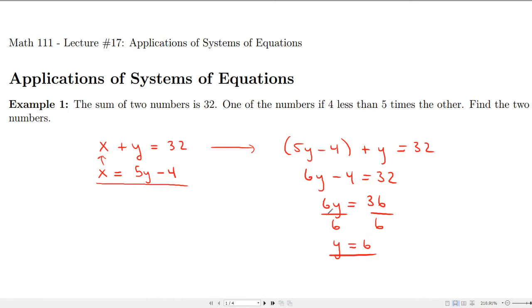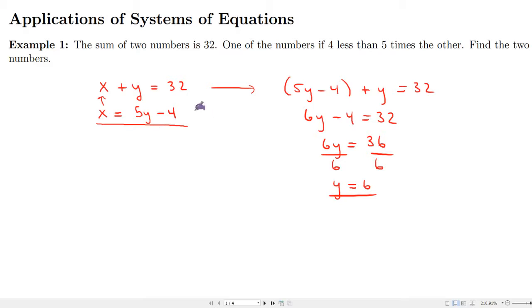So what would x be? Well, x is 5 times 6 minus 4. Substituting back into this equation here, this would be 30 minus 4, which would be 26. So x is 26.